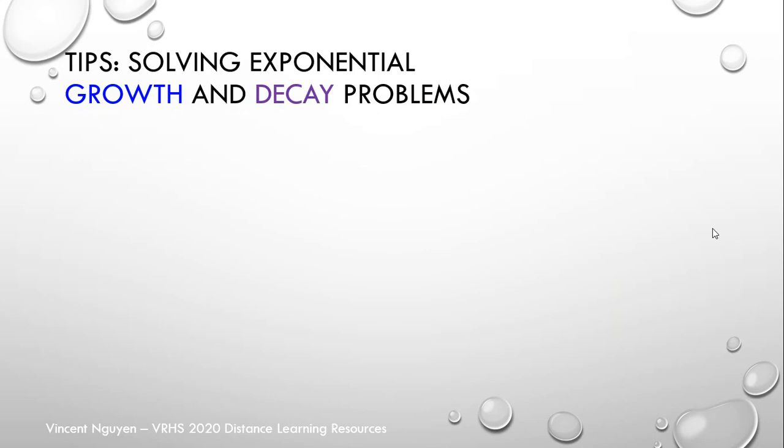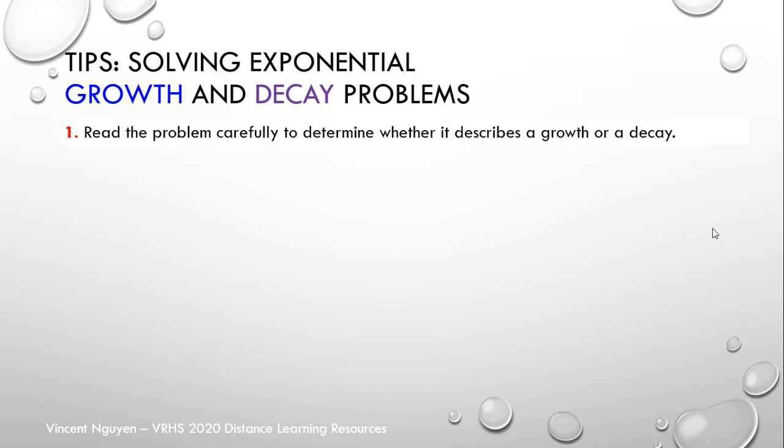Okay, the last thing I want to talk to you about is the tips on how to solve these problems, right? Well, three easy steps. First, of course, you read the problem carefully, and you have to determine, does this problem sound like it's decay or growth? To help you figure out which one, you look for some keywords.